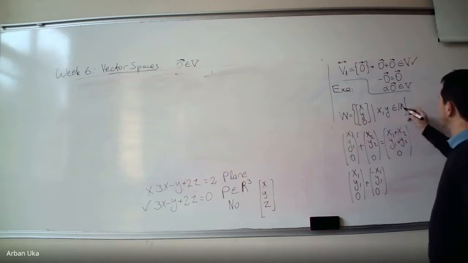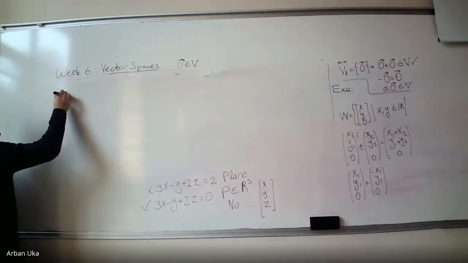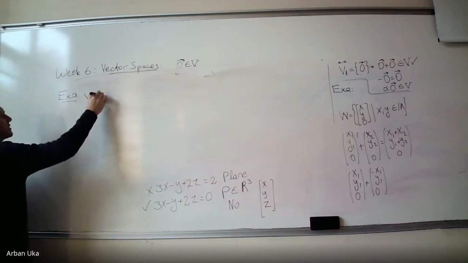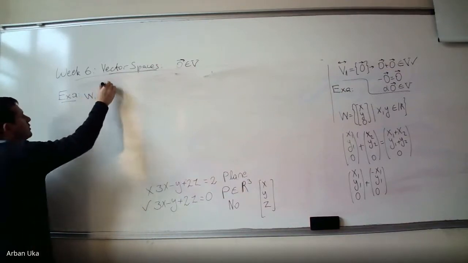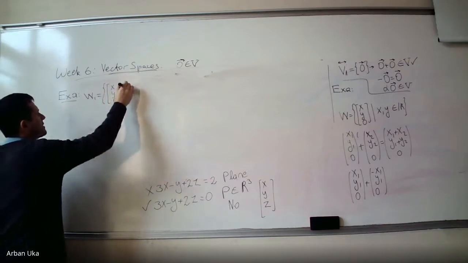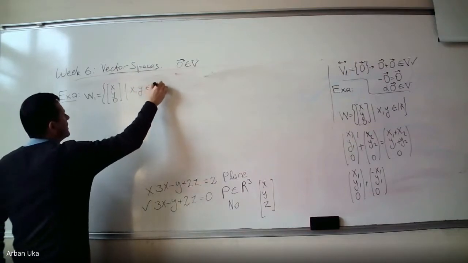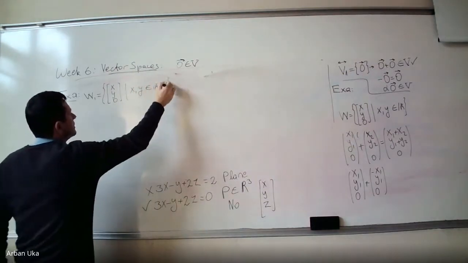Let's consider another vector space. This is another example. Sorry for jumping to this side, but that part of the board is full. We could also define a vector space x, y, and 0 such that x and y are real numbers, but positive numbers.